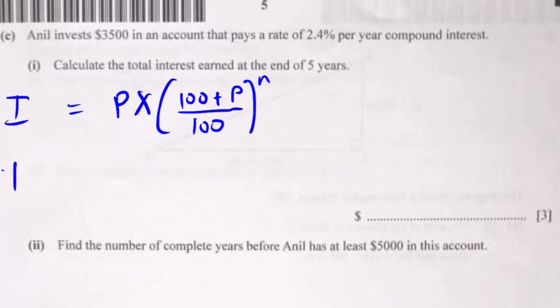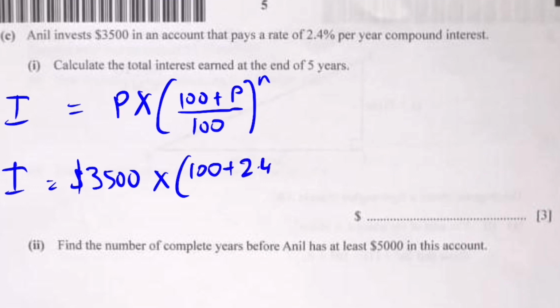So in this case, the interest will be equal to the principal, which is 3,500, in other words, the initial value, multiplied by 100 plus 2.4% per year compound interest, divided by 100 to get a decimal value, to the power of 5, because 5 years.